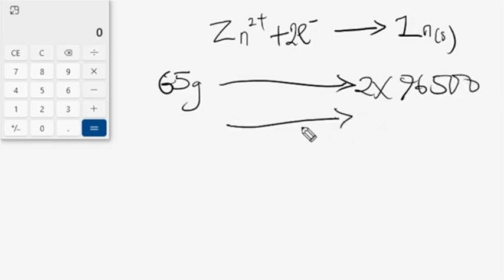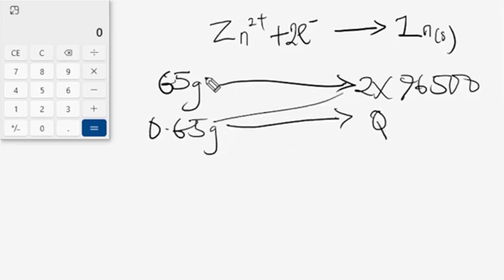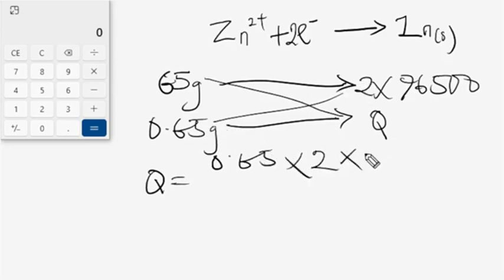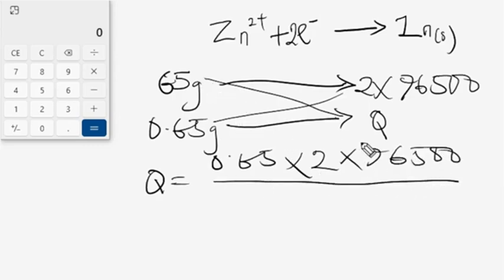So with this, we want to find the charge now for the mass of zinc given to us, which is 0.65. So what will be the charge Q here? So we're going to cross this out, and then we're going to say Q will be 0.65, which is this, times 2 times 96,500. So this will be over 65.